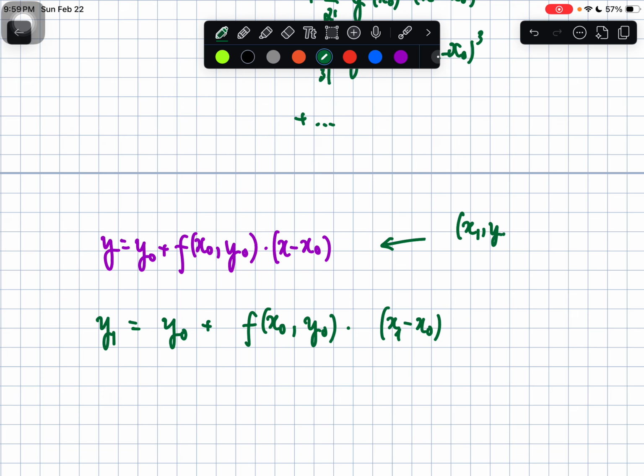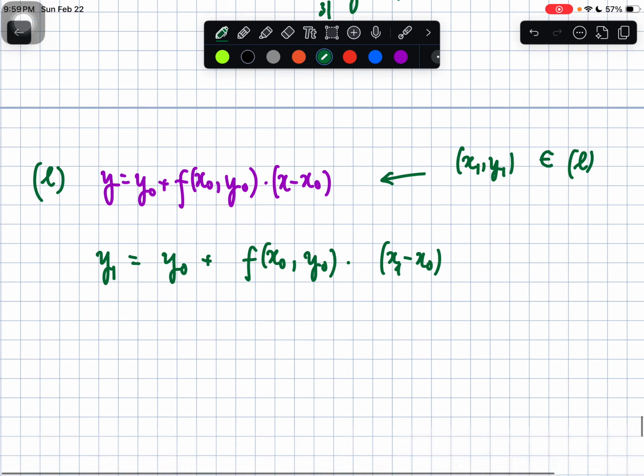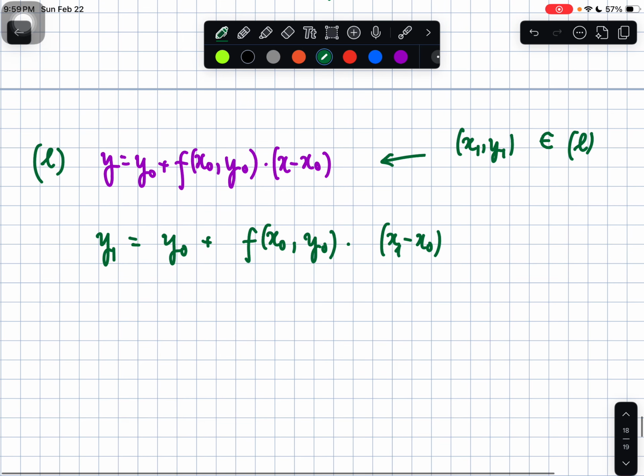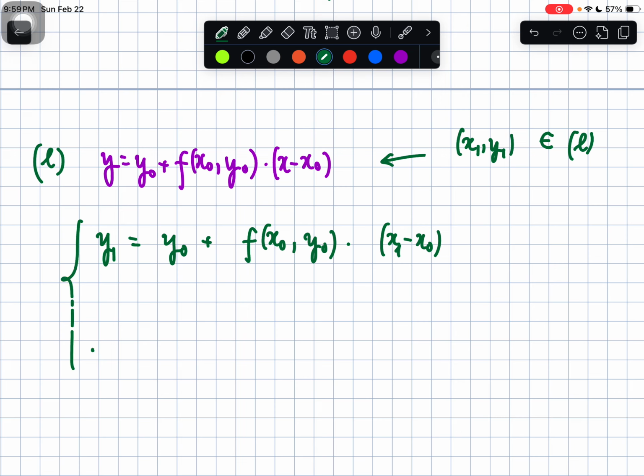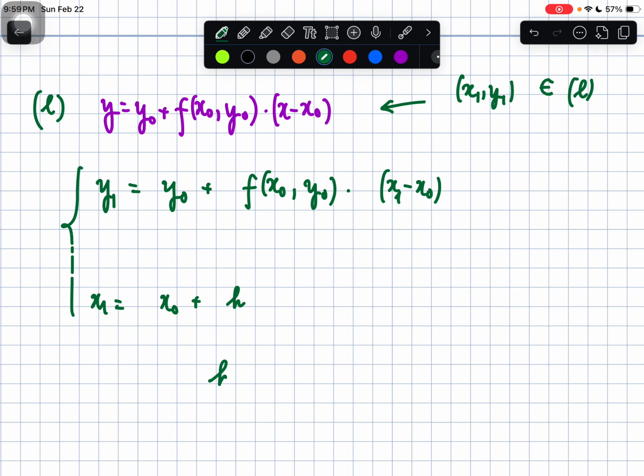Now for Euler's method, every time you move, you only move h units: x1 equals x0 plus h, and this h is called the step size, and this one is fixed. For Euler's methods, this is a fixed step size.